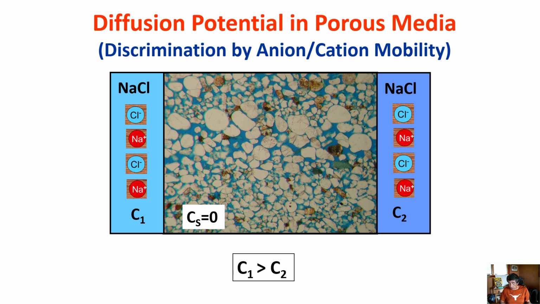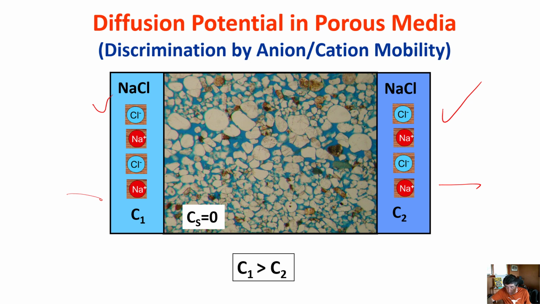But before I explain the electrical double layer, let me tell you how the diffusion potential happens. Suppose that you have two substances with different concentrations. More concentration on the left, lower concentration on the right. If you were to place these substances in contact, then things will tend to equilibrium from high concentration to low.